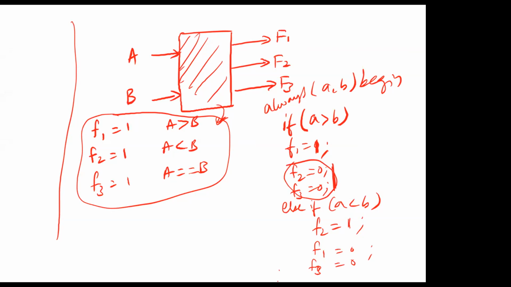Wherever there is F2 and F3, it generates latches which take in the value from previous stages, which is not something we want. For example, if the previous value of A and B are equal, then F3 would be 1. And if the next value says A is greater than B, then F1 changes to 1 and F3 remains in the previous state. So we don't want something like that to happen.